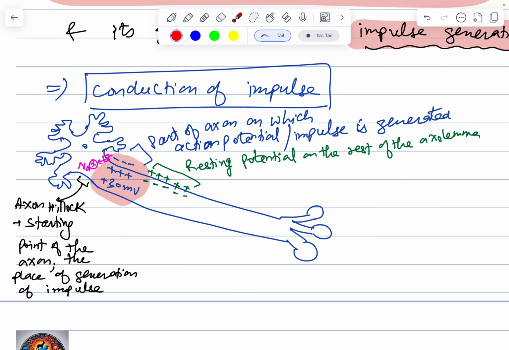तो डू वी एक्चुअली नीड टू डू एनीथिंग फॉर द करंट टू ट्रैवल फॉरवर्ड और द एक्शन पोटेंशियल टू ट्रैवल फॉरवर्ड? नो। इफ यू नो फिजिक्स, as I was saying, current travels from positive towards negative charge, and the circuit is completed by the same current traveling outside from positive to negative charge. When this happens, look at this carefully.